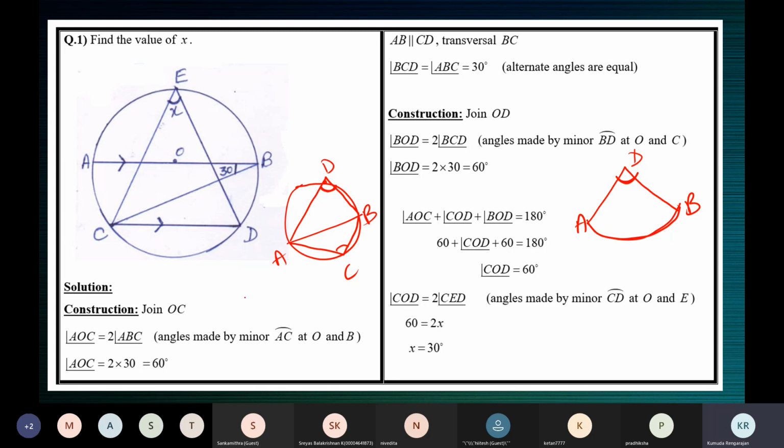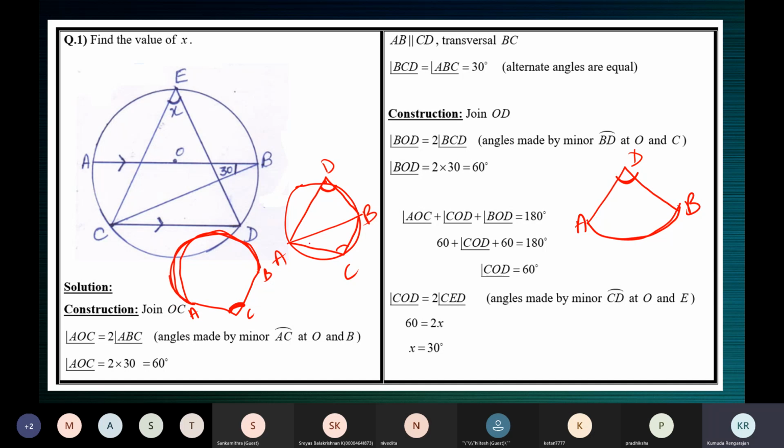The other one, ACB, this is the angle ACB. C, A, and B is made by this arc, this major arc. This major arc AB subtends ACB at a point on the remaining part of the circle.